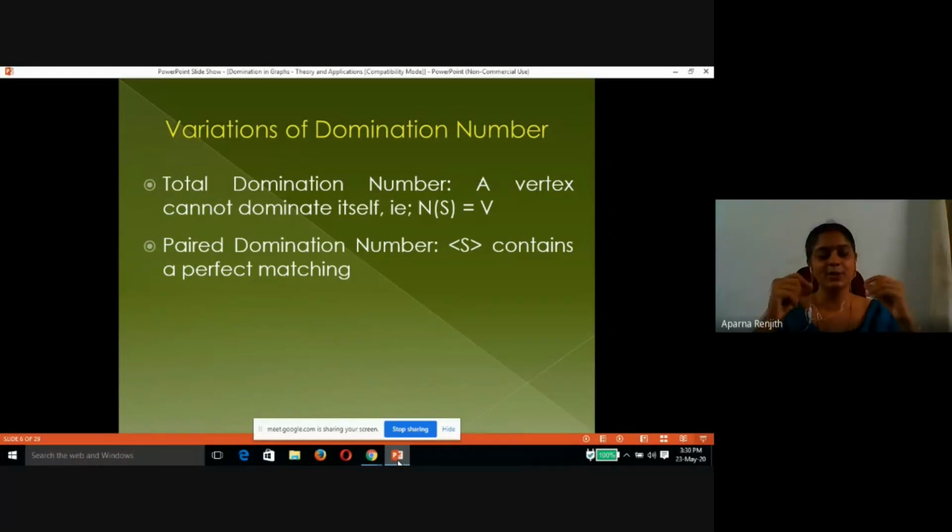So inside the dominating set, there is a perfect matching. If you are able to find such a dominating set, then that is called a paired dominating set, and the minimum possible cardinality of such a set is called the paired domination number.